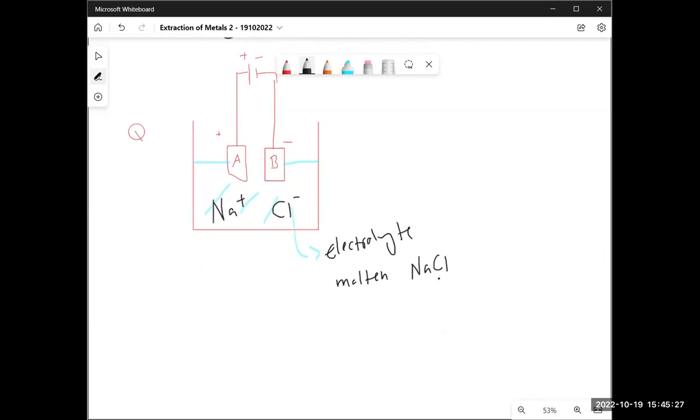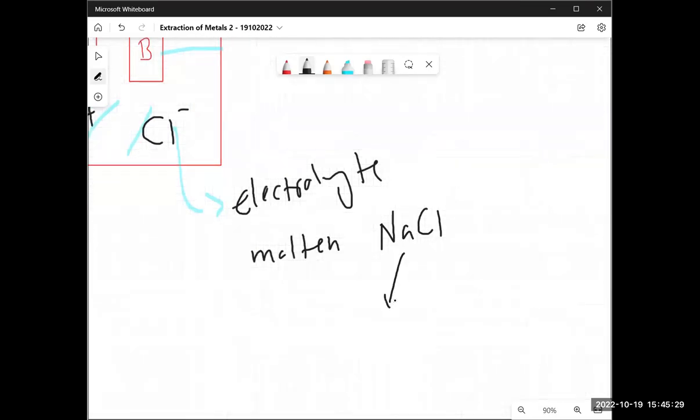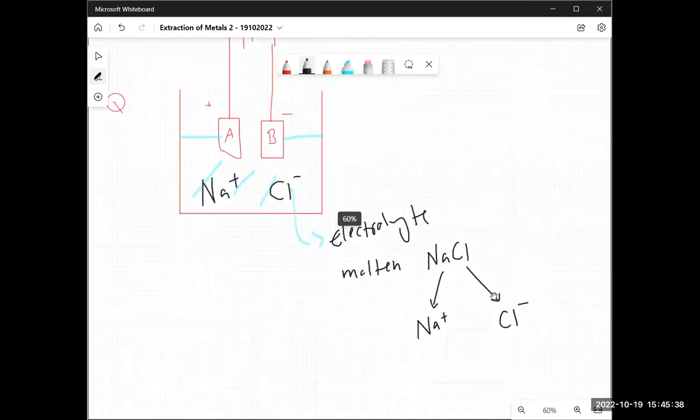Is that clear? If I break NaCl, what will I get? Na is group 1, so it's always going to be positive 1. And Cl is group number 7, it will always be minus. So these are the ions I have from my electrolyte.